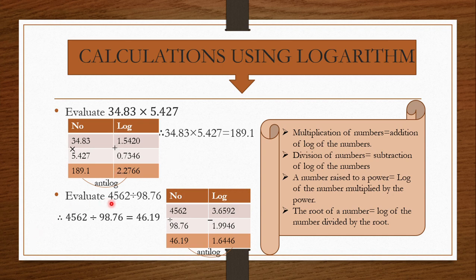The next question is, evaluate 4562 divided by 98.676. The same thing: you draw your table and put in your numbers, 4562 and 98.76. From here, the log of 4562: how many digits are here? 1, 2, 3, 4. 4 minus 1 is 3.